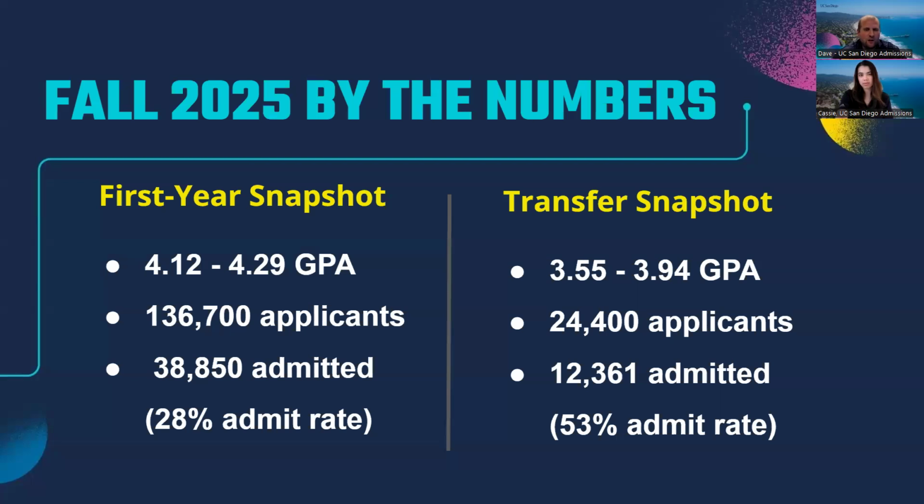So GPA is only one of the factors considered. And that middle 50% GPA, just keep in mind that 25% of our 38,000 admits had a lower GPA than that. So we might look deeper in your grades, and we consider all parts of the application.